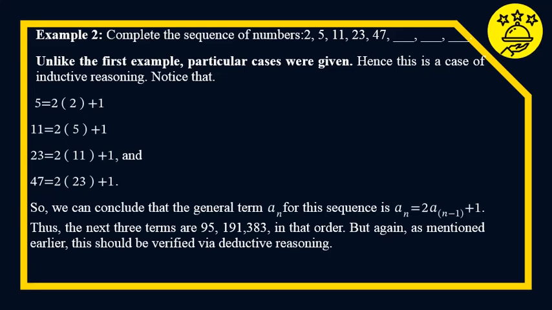So, we can conclude that the general term a sub n for this sequence is a sub n equals 2 times a sub n minus 1, plus 1. Thus, the next three terms are 95, 191, 383 in that order. But again, as mentioned earlier, they should be verified via deductive reasoning.